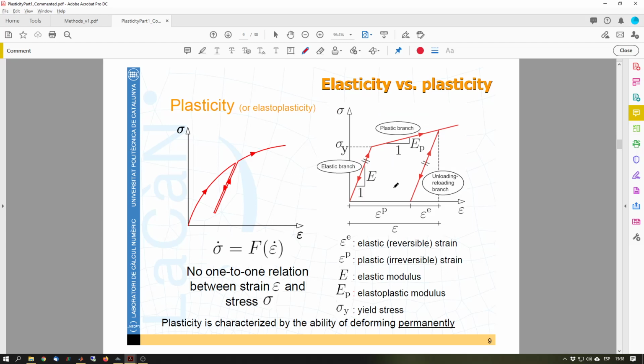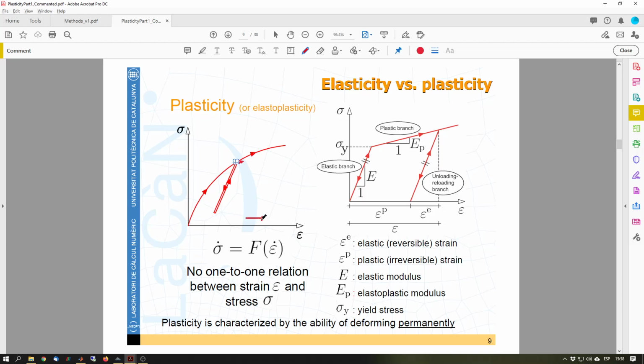Then if we want to simplify the behavior we have seen for those plastic regimes, what turns out is that we don't go back at that point. For instance, if we keep increasing, we go through that curve, but if from that point I go down, I don't go down through the same curve I followed while loading.